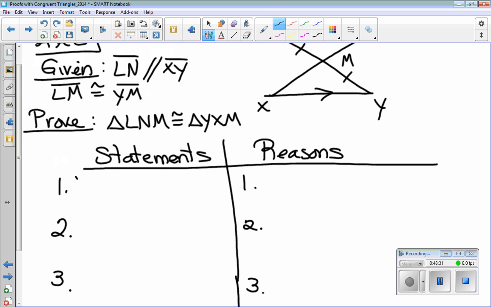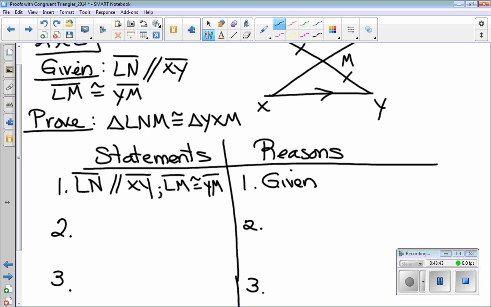All right, let's just write our given information down. We know it's given, and we know what we're asked to prove. Now, these 2 triangles can be proved by 2 different methods.